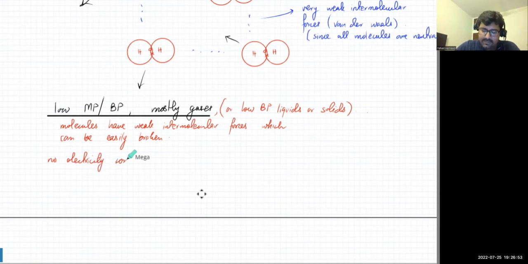The reason for that is no charged particles, ions, or free moving electrons. No free moving charged particles.